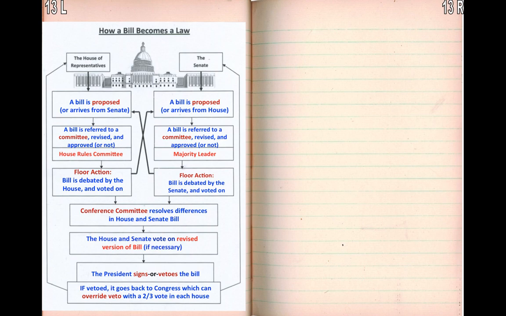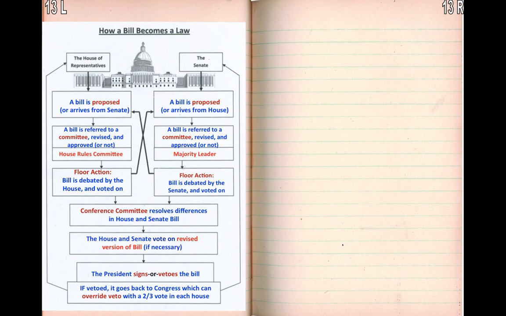You guys are aware of my expectations. You understand that you get a notebook grade at the end of each unit, so this should not be a surprise to you that you are being asked to take notes.